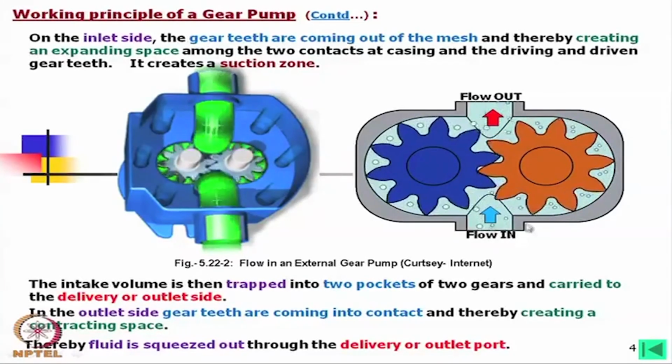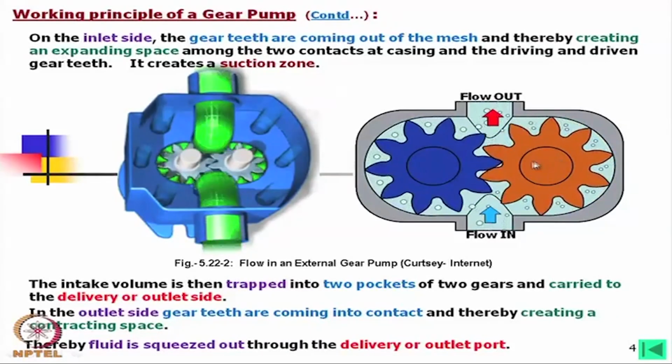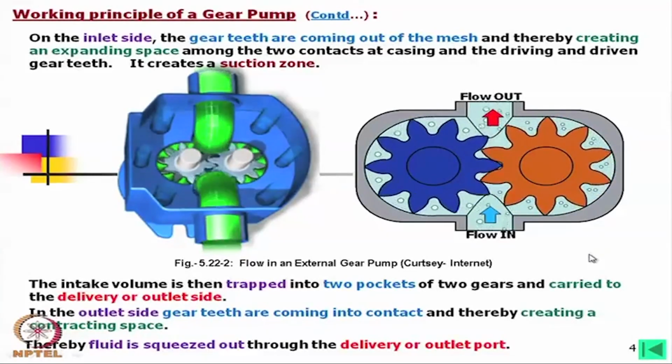So, this will then be the high pressure side and this will rotate in the same manner, whereas the low pressure oil will go out, but this pressure will be converted into force and torque, and that can be taken out either from both the gears or from a single gear. Okay.